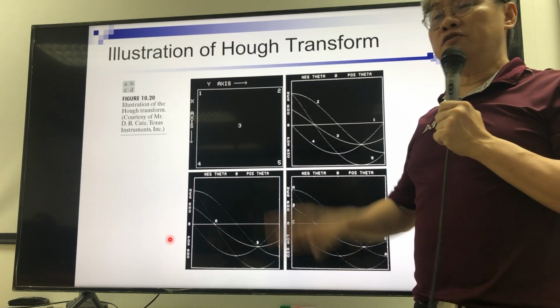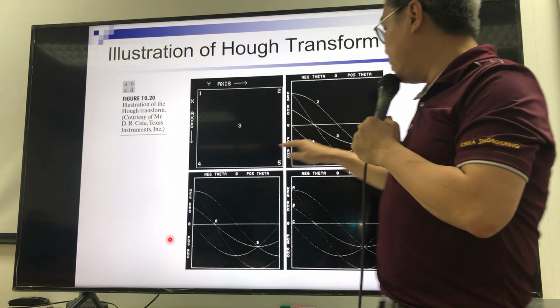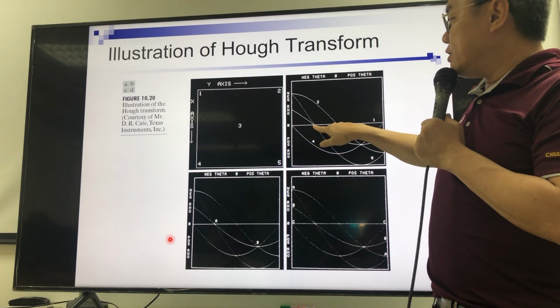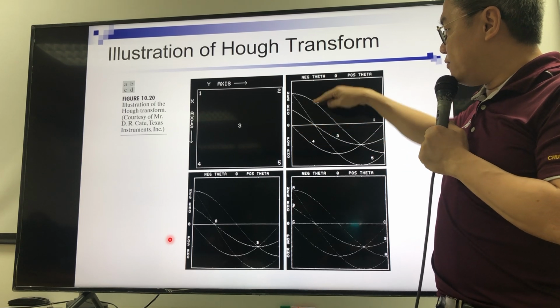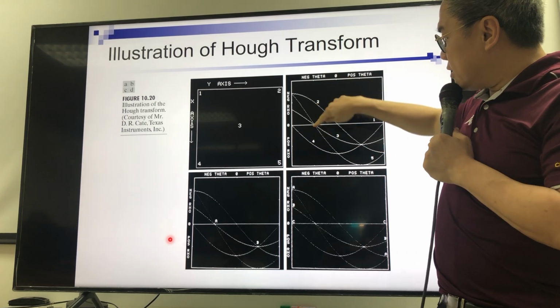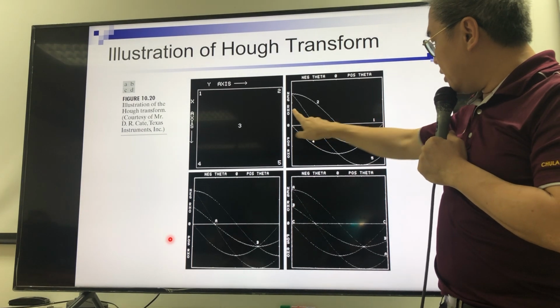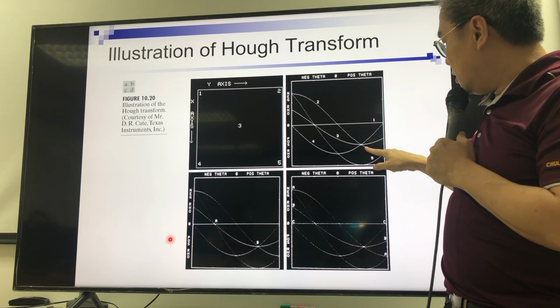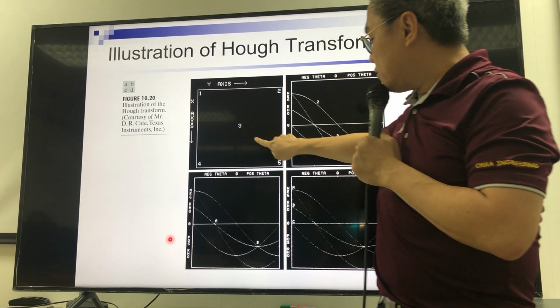How do you detect the line? For example, if you want to detect this line, what is this point? This value of rho and this value of theta give the intersection between point 1, point 3, and 5. So it represents this straight line.